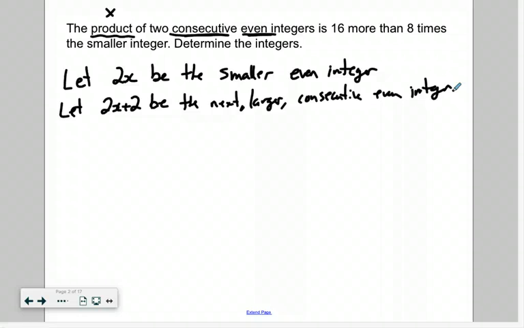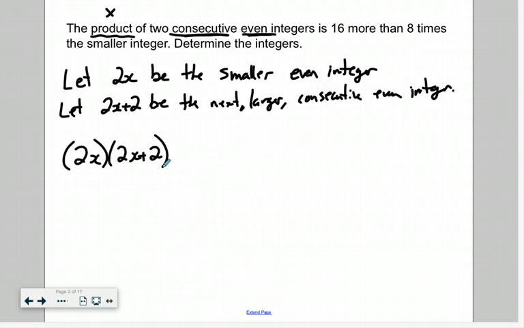And they're saying that their product, okay, so meaning when we multiply these two things together, right, their product is 16 more than 8 times the smaller integer.